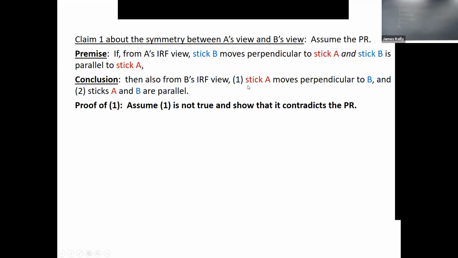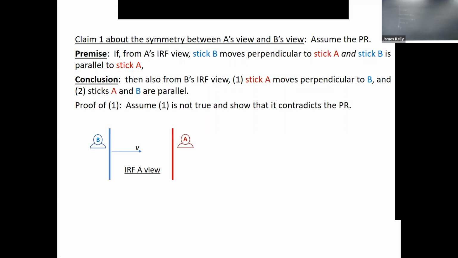We're going to try to prove that in the other point of view on the left, stick A moves perpendicular to B. We're going to prove this by something that's called proving the contrapositive, or proof by contraposition. I'm sure the philosophers in the class are familiar with contraposition, but maybe that's something that most people aren't familiar with.